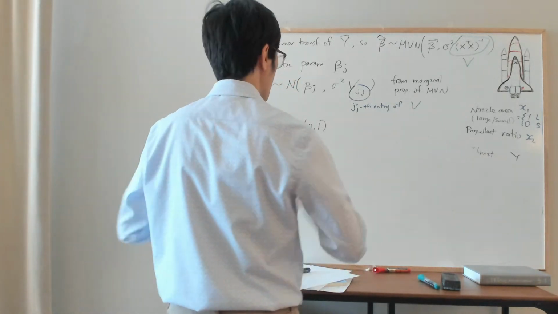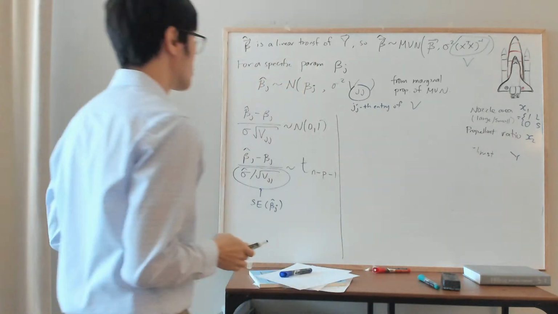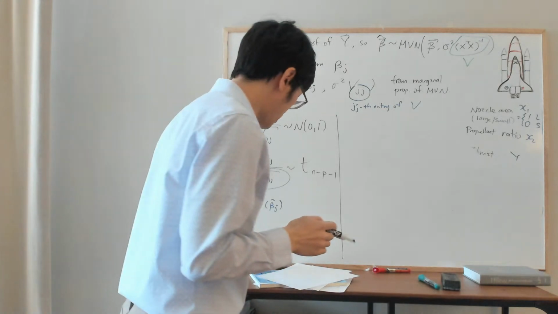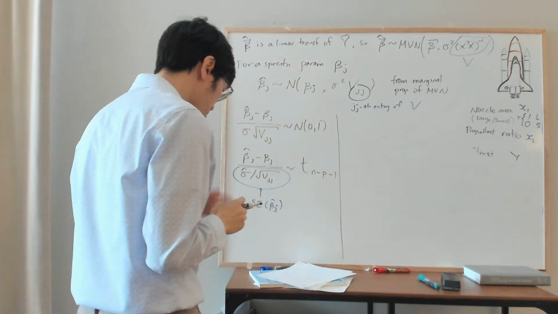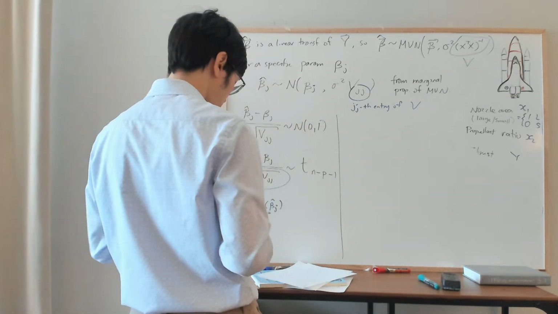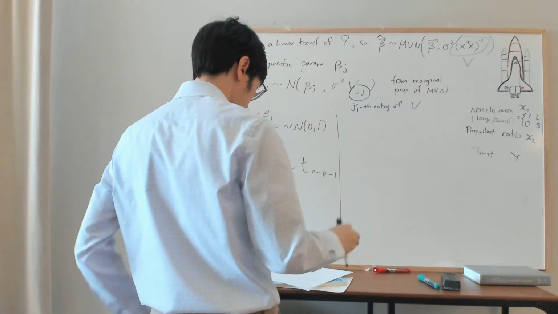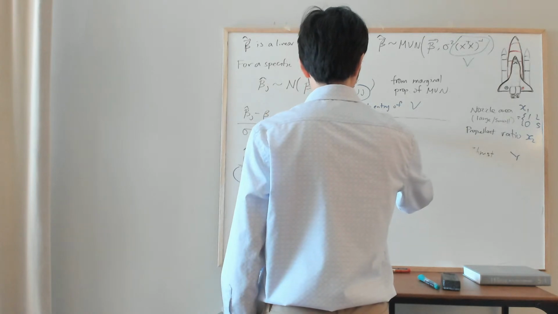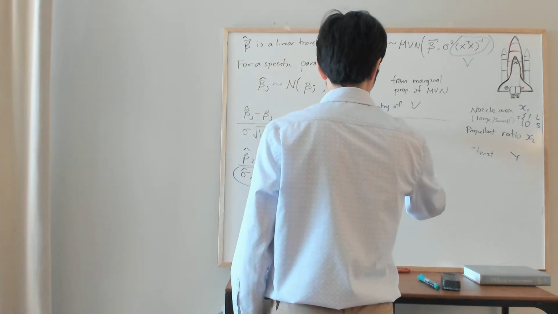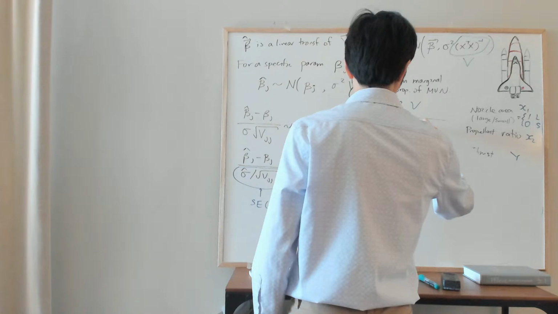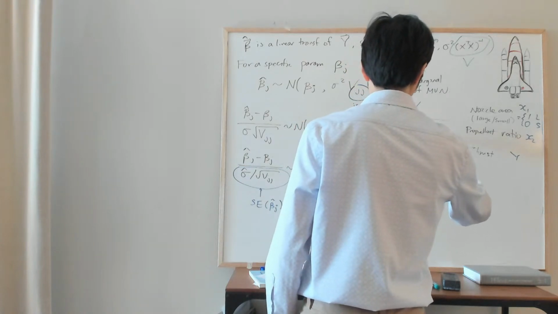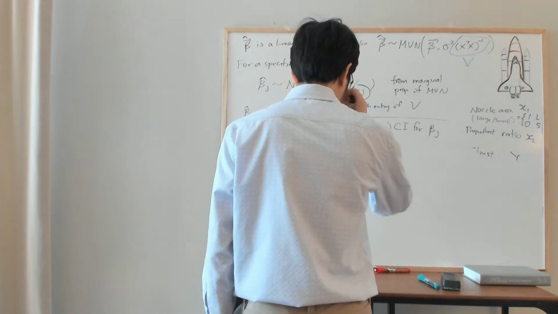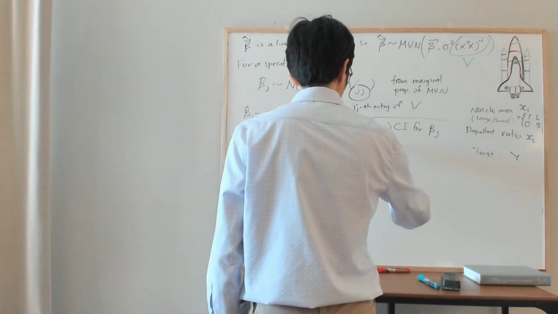Okay, so we have all the ingredients now to do our hypothesis test and make confidence intervals. So let's write them here. A 1 minus alpha confidence interval for beta j is beta j hat.